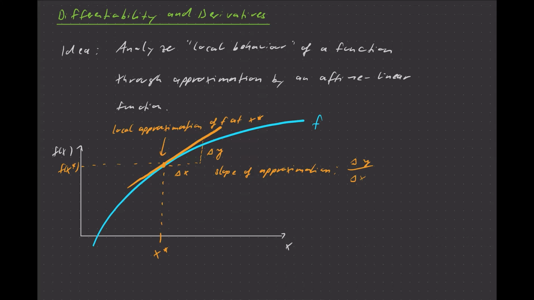And the idea of differentiation is to approximate that and then make the approximation better and better using a limit process. So what we'll do is the following. We'll take this point here and we'll take some other point that is also on the graph of f. Then we can connect those two points.